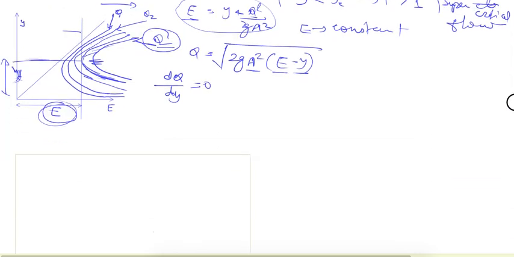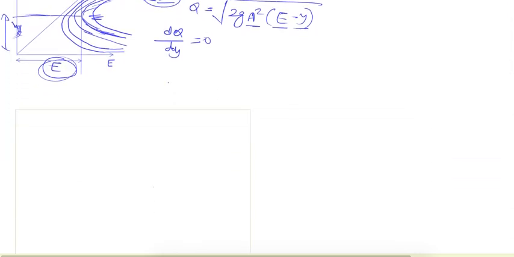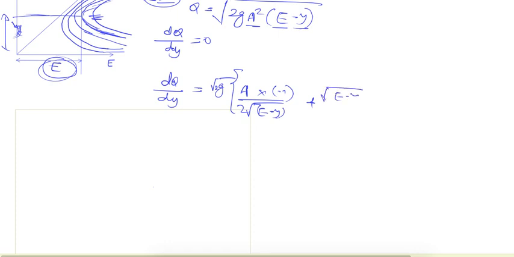So what will be the value of dQ by dy? dQ by dy is equal to square root of 2g, which is constant, and A upon 2 square root of (E minus y) into minus 1, plus square root of (E minus y) into dA upon dy, and this will be equal to 0.